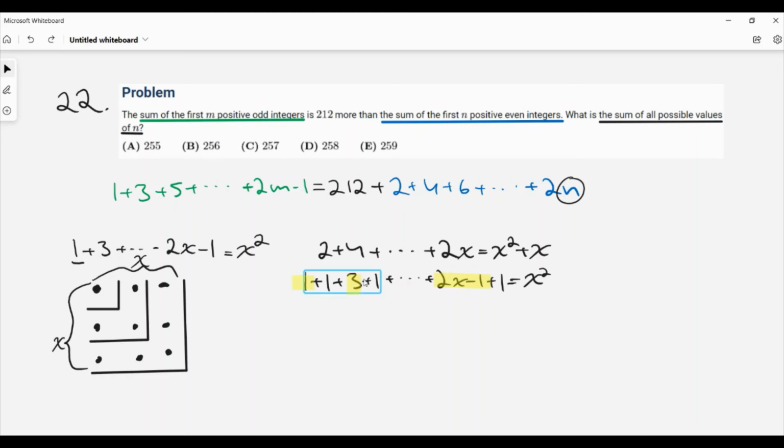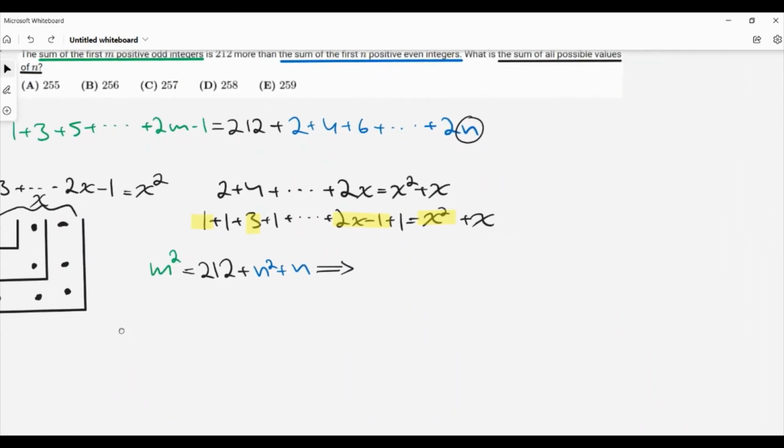And then there are x 1s left over, right? 1 for each term in the sum. So it's x squared plus x. And so, in fact, we can compress this equation into m squared equals 212 plus n squared plus n. And once again, if you are doing this problem on the test, you probably know these formulas.